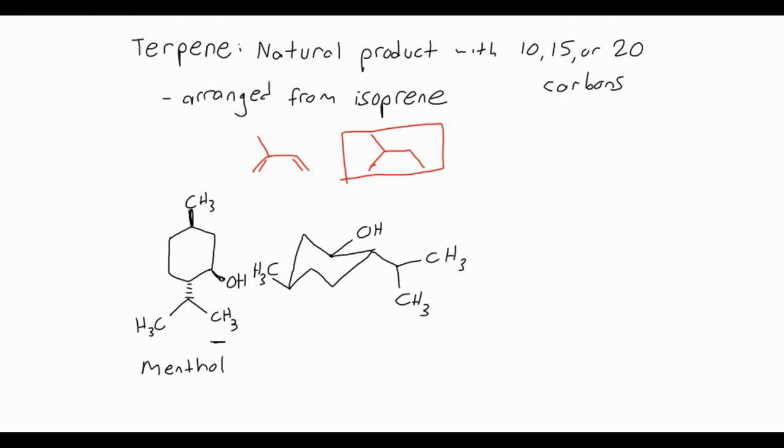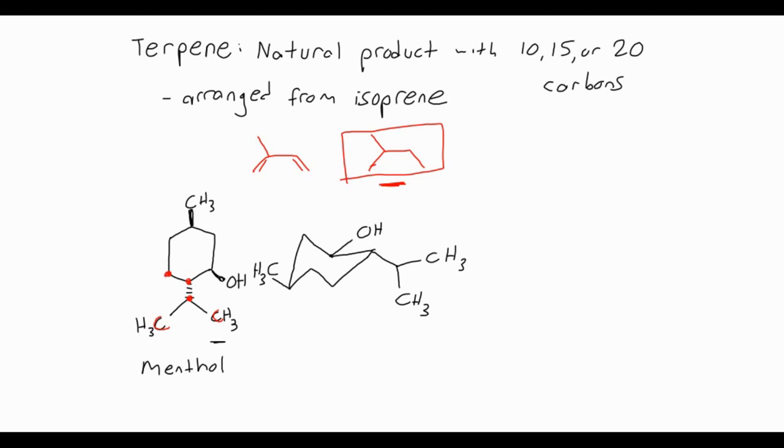So, like I said, they're this 5-carbon structure, and we can look for some 5-carbon structures here that have the same underlying structure. So these two carbons, and these. So that's going to be 1, 2, 3, 4, 5 carbons here.